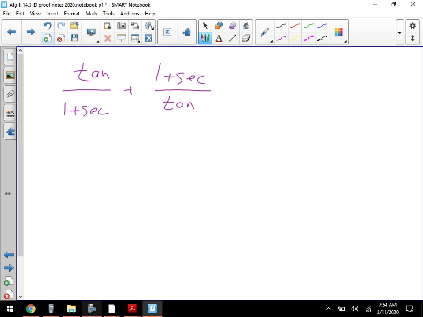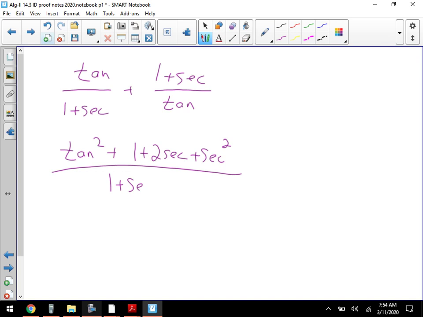If you try that first, you're going to wind up with tangent squared plus, if I FOIL this one, 1 plus 2 secant plus secant squared all over 1 plus secant tangent. Okay, common denominator: I just multiply tangent by tangent and 1 plus secant times 1 plus secant. I FOILed it out.